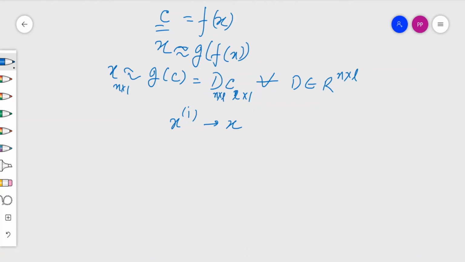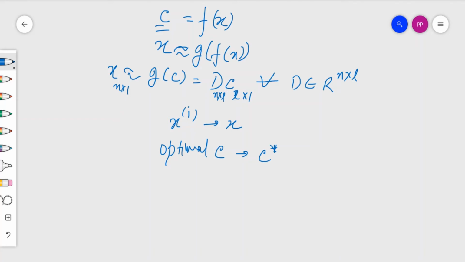This should be with minimum error, so we shall minimize the L2 norm of this error with respect to c, and this optimal c is presented as c star. It is a tradition to represent the optimal point with an asterisk, c asterisk.